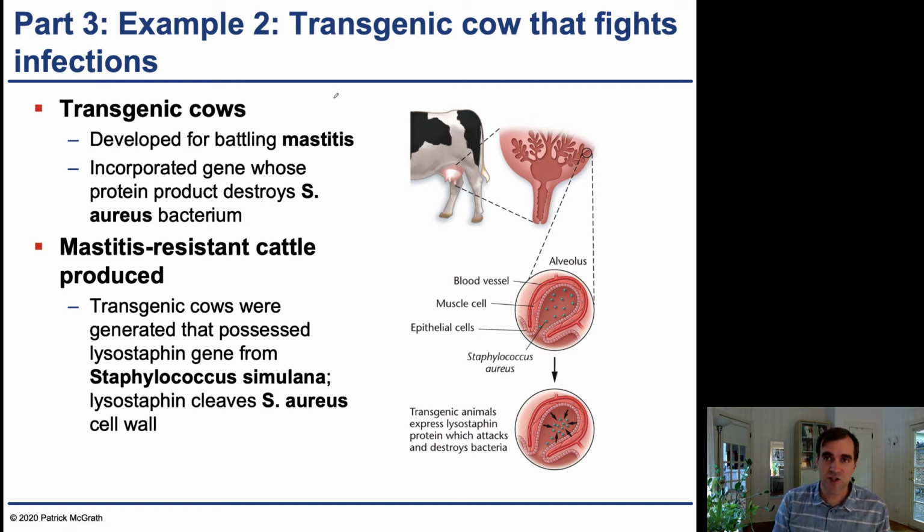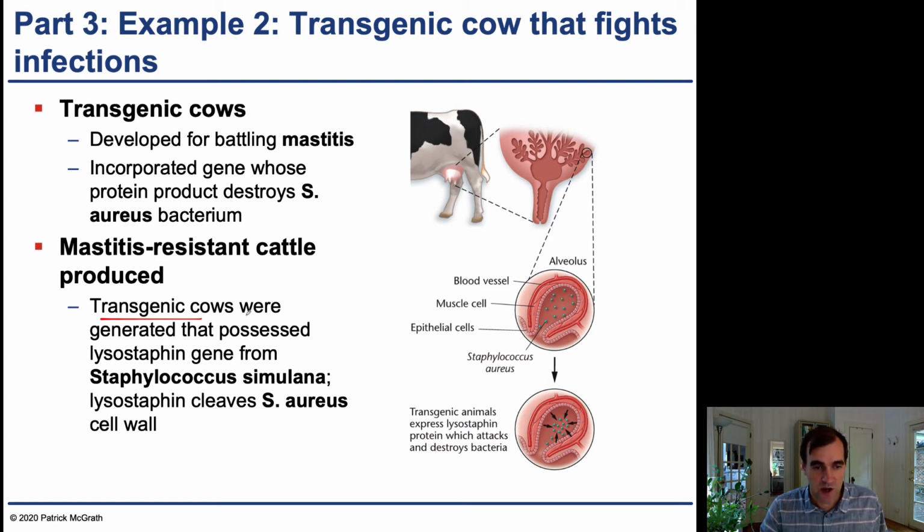Another example is transgenic cows that fight infections, in this case mastitis. Mastitis is an infection of the udders, where the bacteria Staphylococcus is able to infect parts of the udder. These cows have been genetically modified, so they're now transgenic cows, which means that they contain a foreign gene that's not normally within their genome.